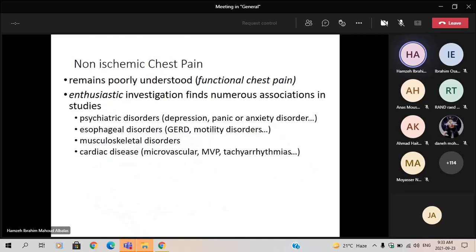Non-ischemic chest pain remains poorly understood. Functional chest pain may be a psychiatric disorder, cardiac disease, or musculoskeletal disorder. We have to do more and more investigation for any patient complaining of non-ischemic chest pain.